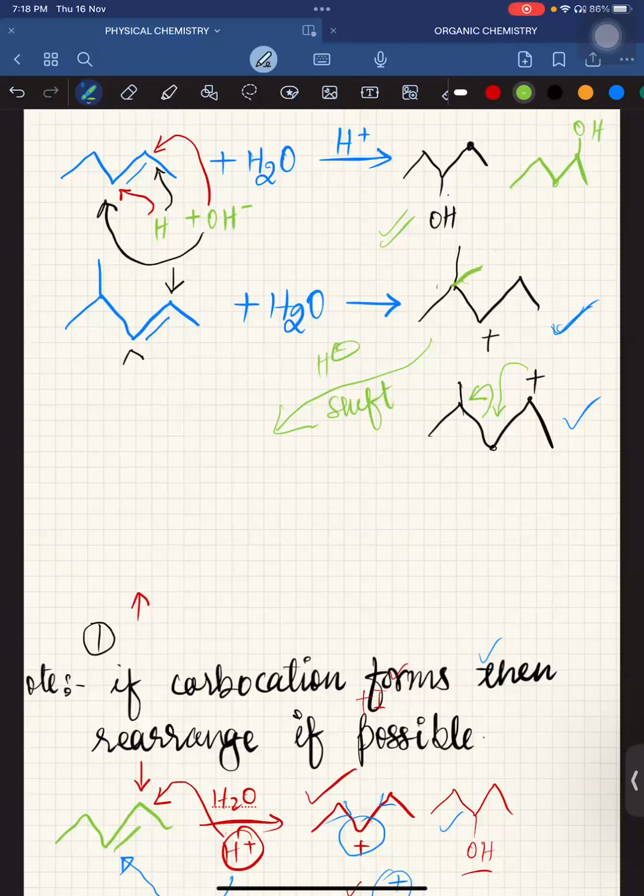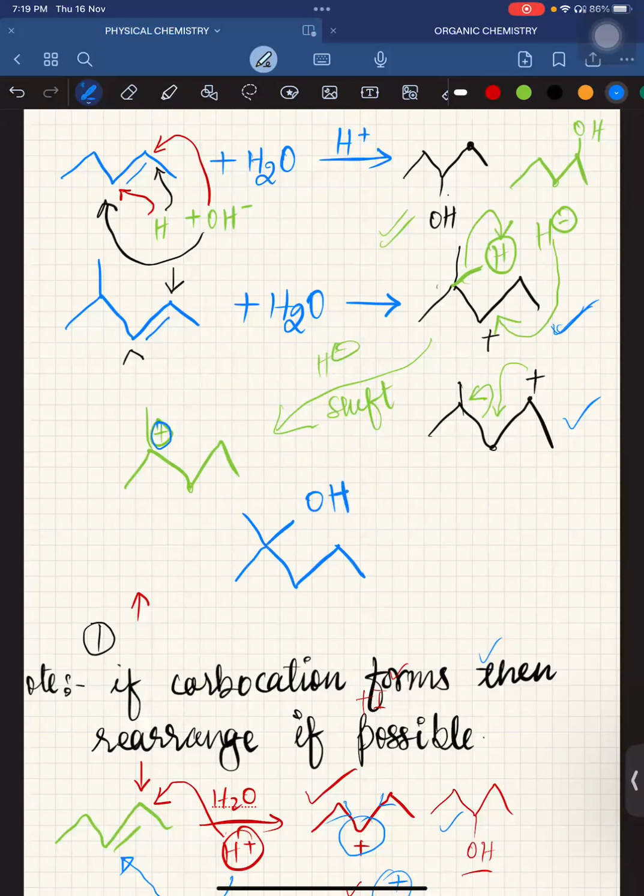There is a hydrogen which will take carbon's electrons, so there will be development of positive charge, and this hydrogen, which is now H negative because it took electrons from carbon, will be attacking on this, so it becomes neutral. And you can see positive charge is here, so now the product will be OH minus attacking here, because this carbocation is more stable than this and than this.